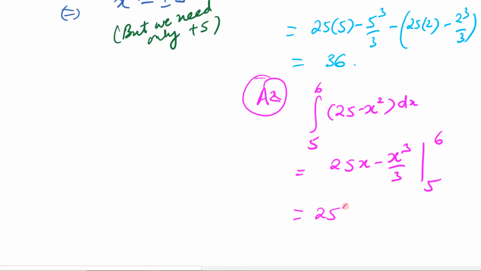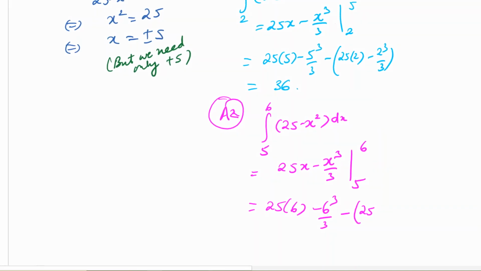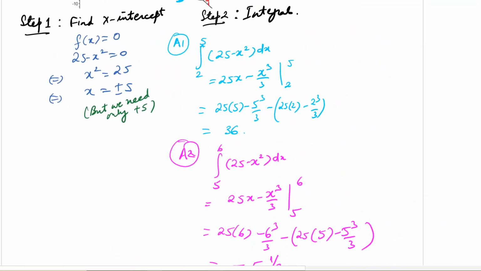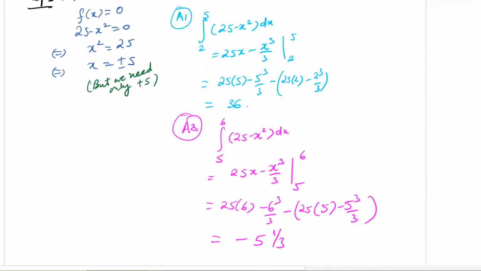We put upper limit minus lower limit. Overall we get negative 5 and 1/3. But since we want to find the total area, we just want the absolute values.